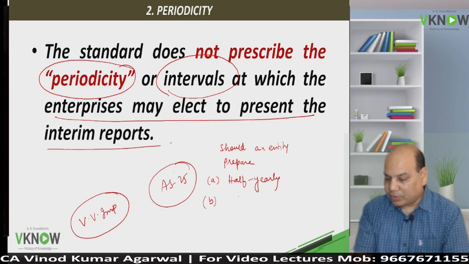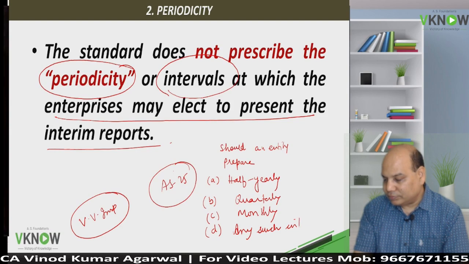Should an entity prepare quarterly reports? Should an entity prepare monthly report or any such interval as per entity choice?